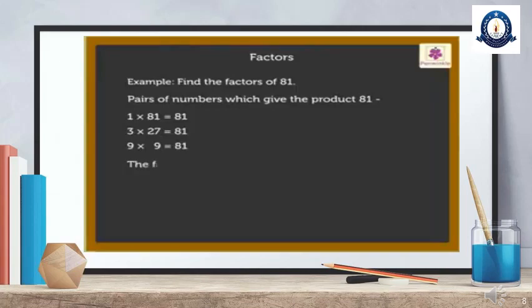Thus, the factors of 81 are 1, 3, 9, 27 and 81, as each of these numbers divides 81 exactly. Did you notice we counted the repeated factor only once?